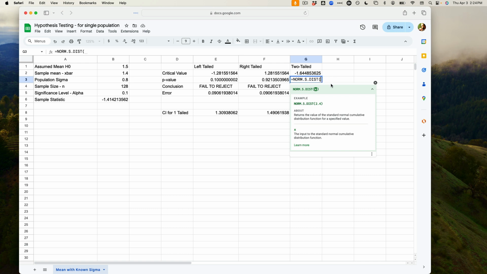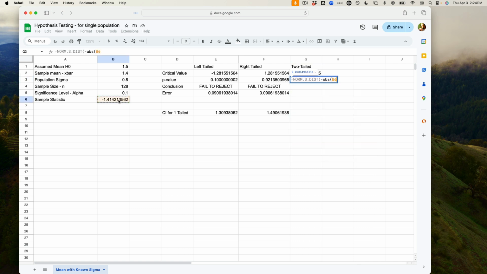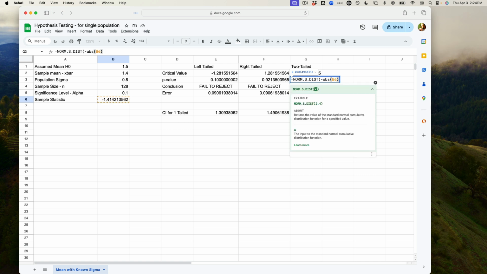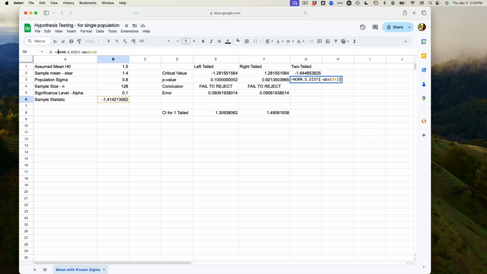So what we would do, we say minus absolute value of this guy, parentheses, parentheses, and we need to multiply by 2. So that gives me my p-value. So this is the p-value, right? It's 0.1572, etc. Okay?